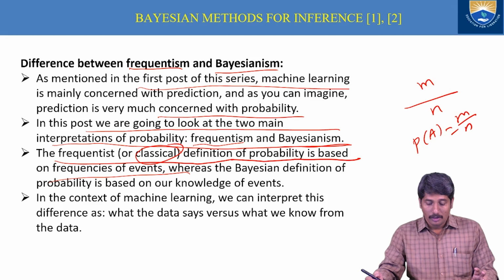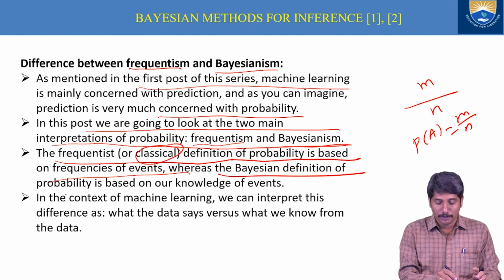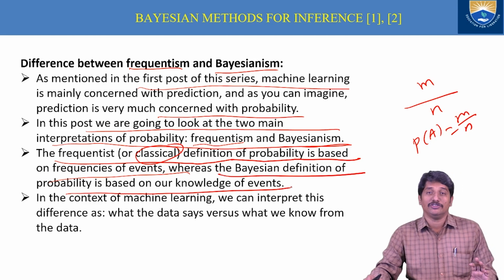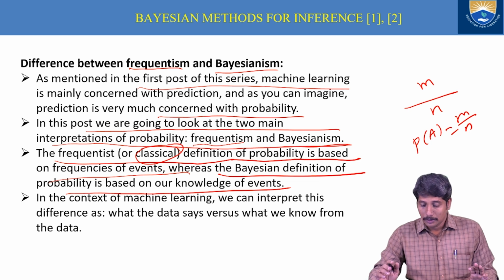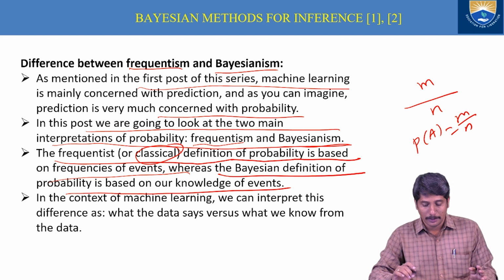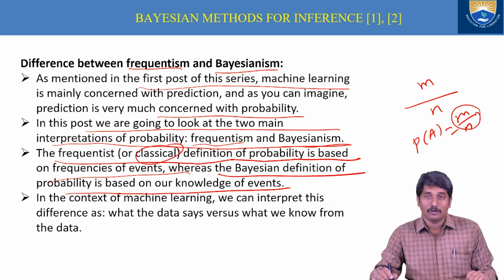Whereas the Bayesian definition of probability is based on our knowledge of events. When it comes to the Bayesian approach, you don't base it only on the current happening or what happened previously.